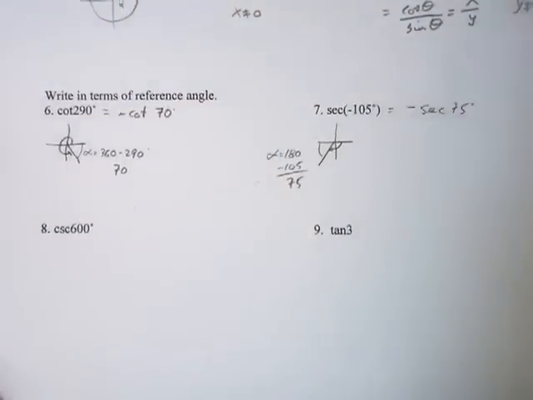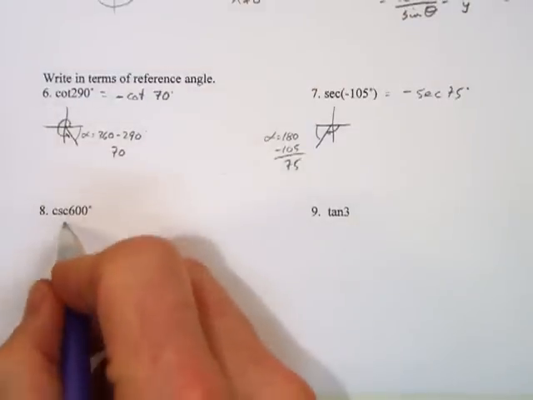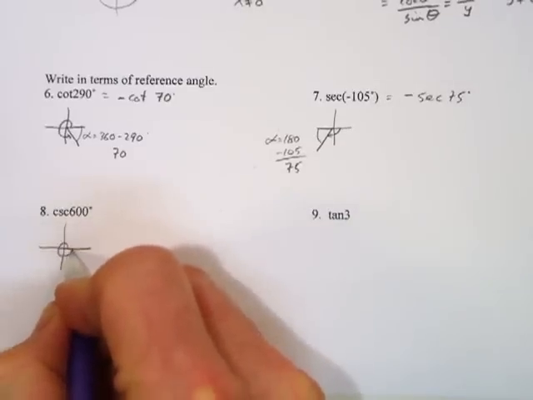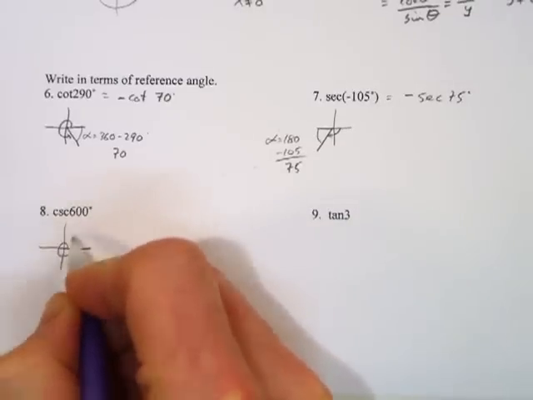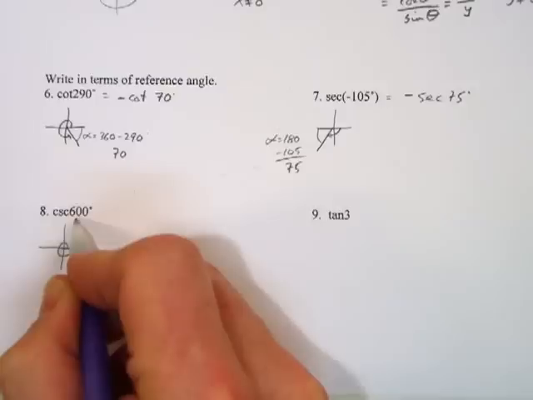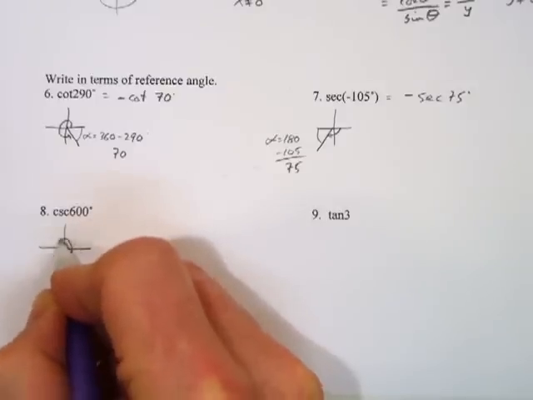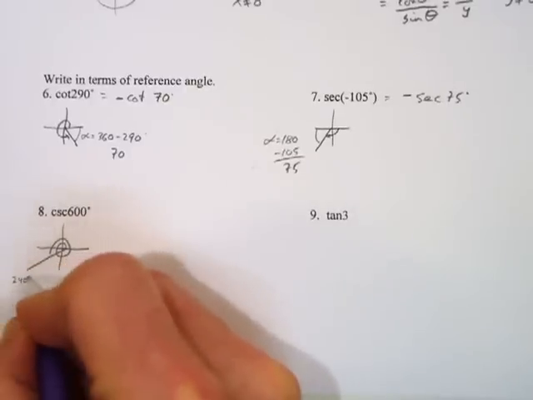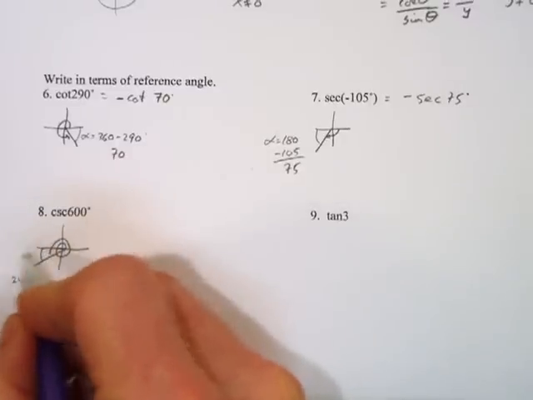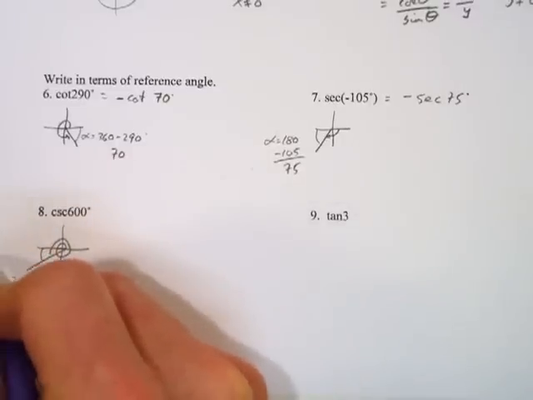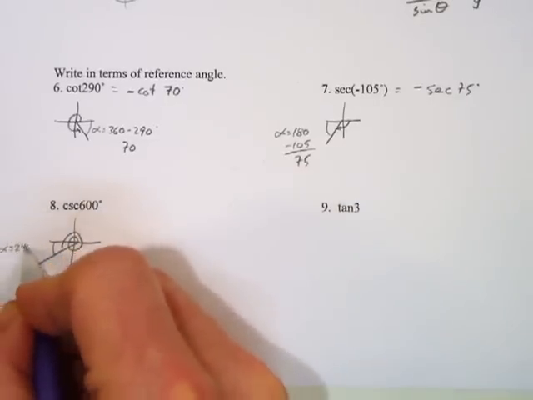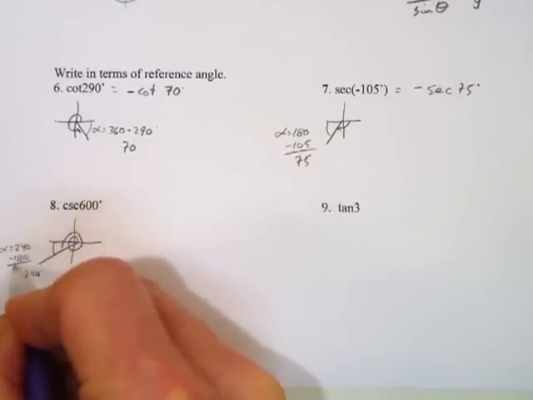Cosecant 600 degrees. Well, you can see that that's going to be more than 360. How much more? We've got to keep on going. We can subtract 360 from there, and we'll get 240. So that's going to put us in the third quadrant. A coterminal angle is 240, so our reference angle would be 240 minus 180, or 60 degrees.